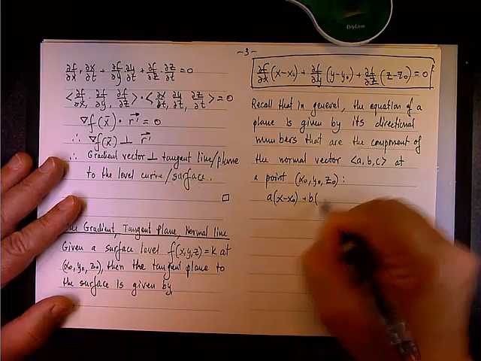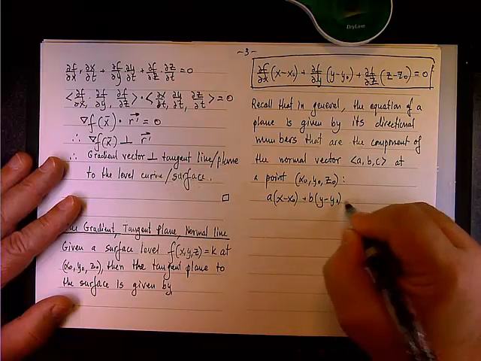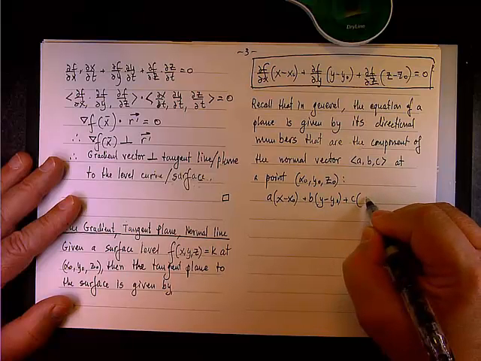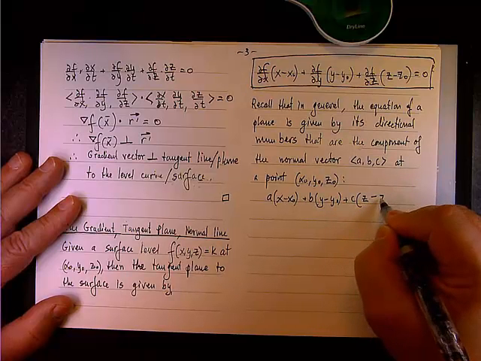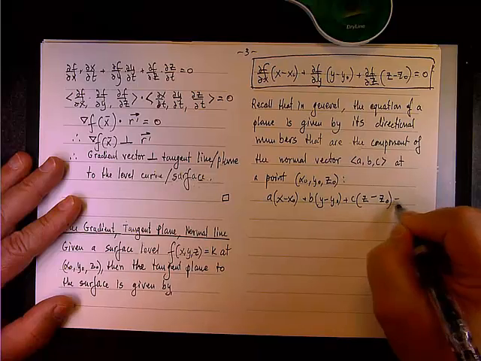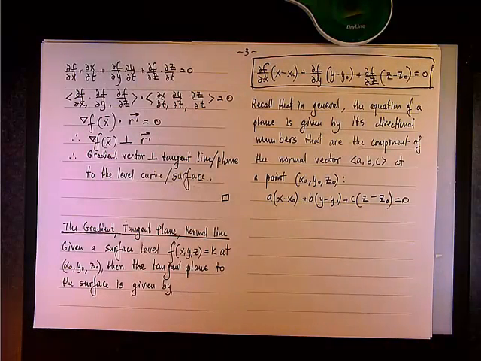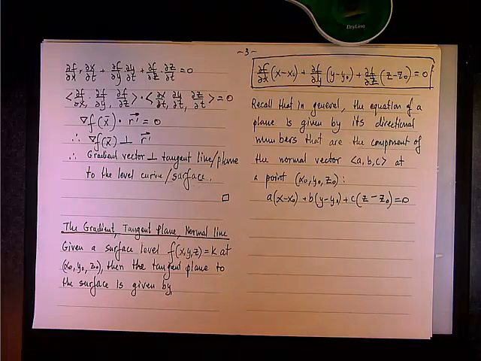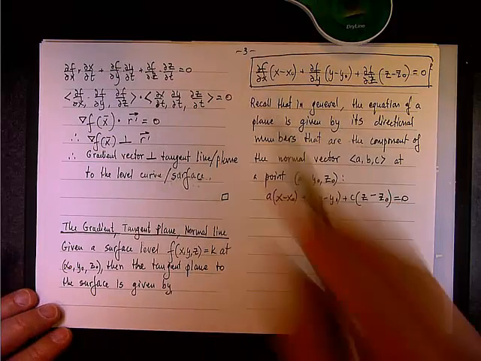So the general equation of a plane is A times x minus x sub 0 plus B times y minus y sub 0 plus C times z minus z sub 0 equals 0.